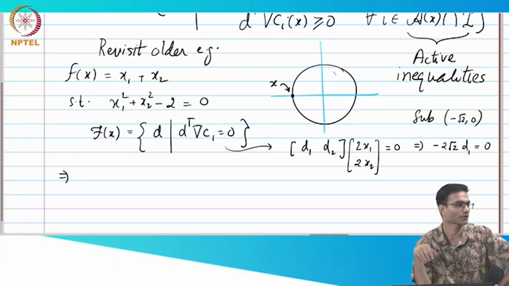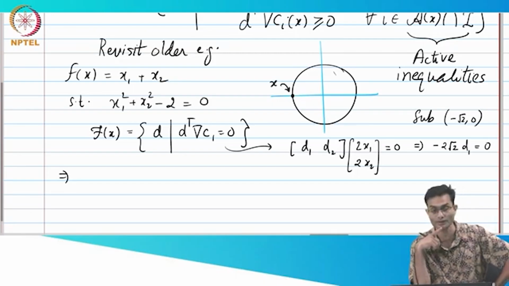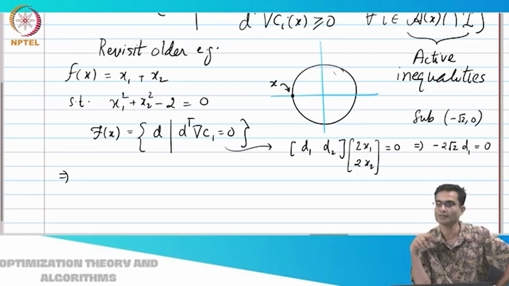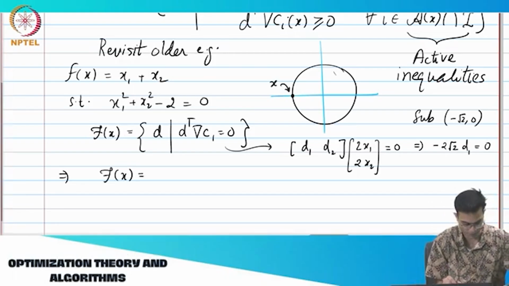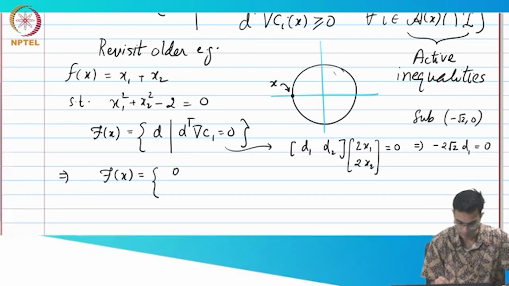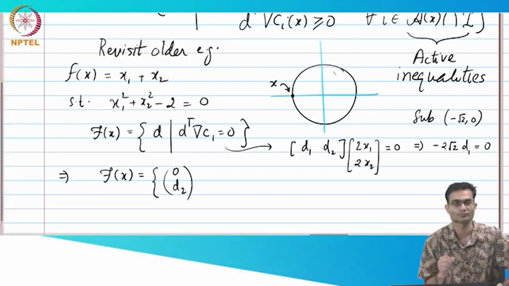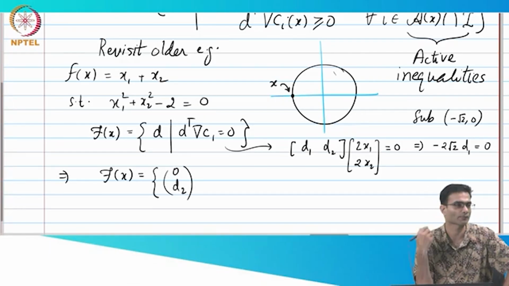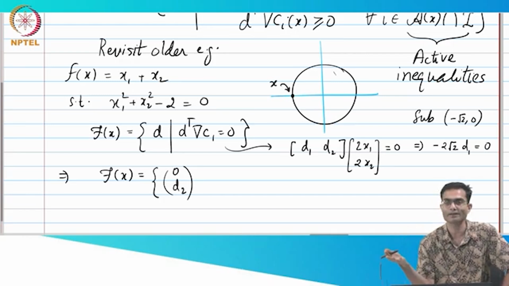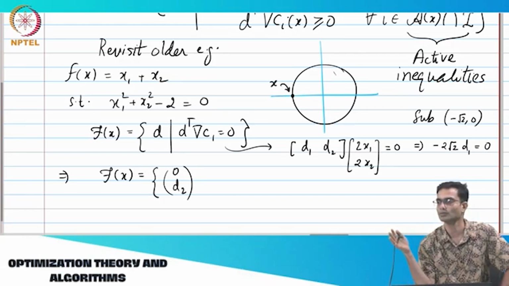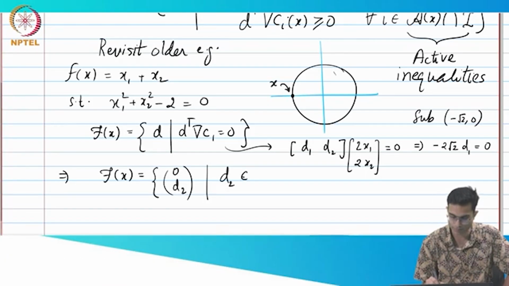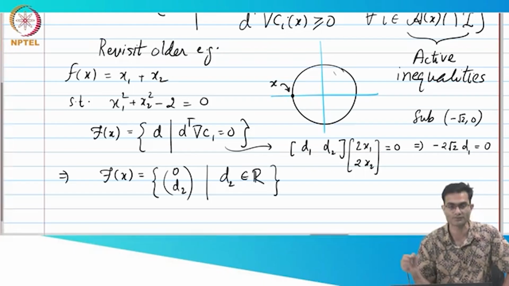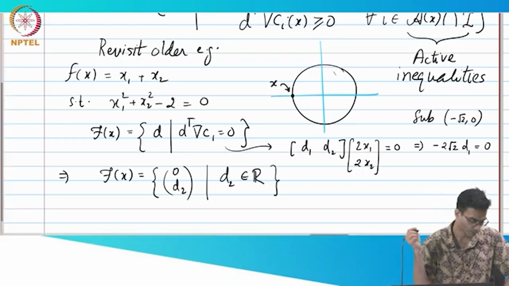I just substituted the coordinates x1, x2. So d1 has to be 0. It tells me that at this point my set of feasible directions is (0, d2). d1 is 0, I am left with d2, and I didn't get any constraint on d2, so d2 could be any number. I'll write that d2 lives in the set of all real numbers.